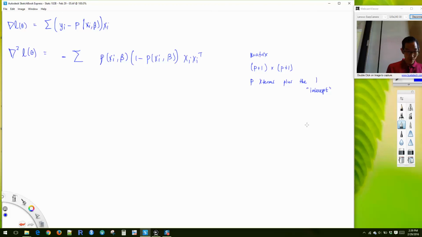So with our Hessian computed, we can apply Newton's method.